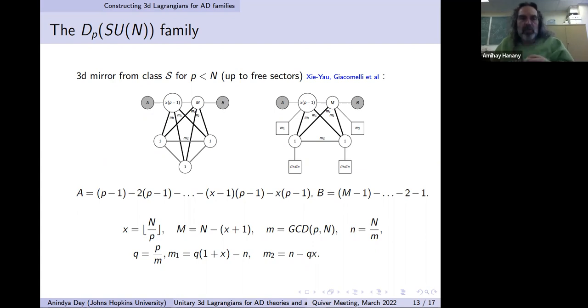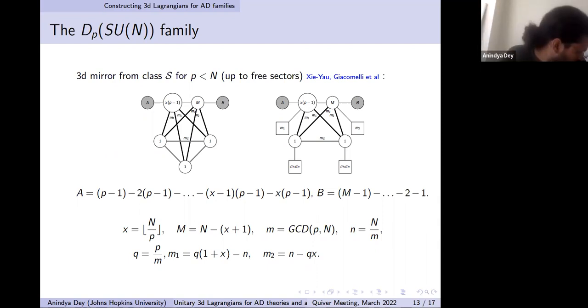But is there a way to make any order in the set of theories that we have? Some kind of arrangement into families, some classification, some structure.